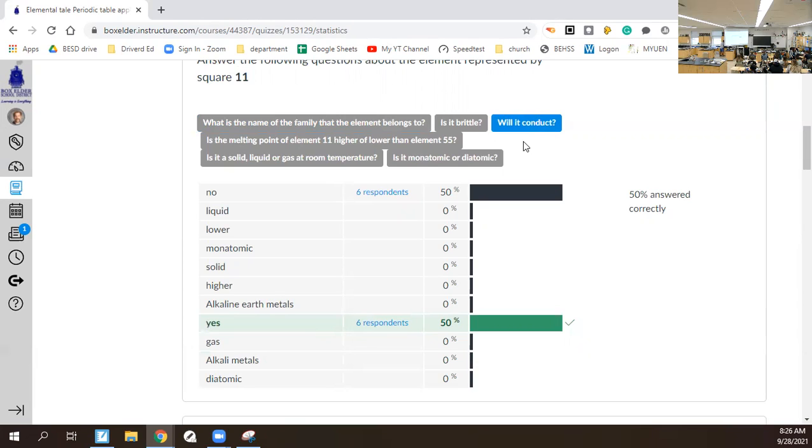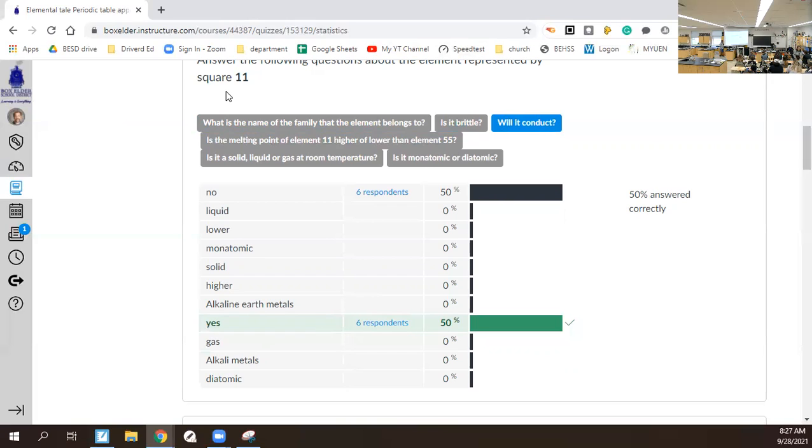What about conductivity? If it's conductive of heat and electricity, is it metallic or non-metallic? Metallic. So talking to you, you can tell me that is the case. But if we're looking at square 11, was it just an issue of not figuring out what square 11 was?